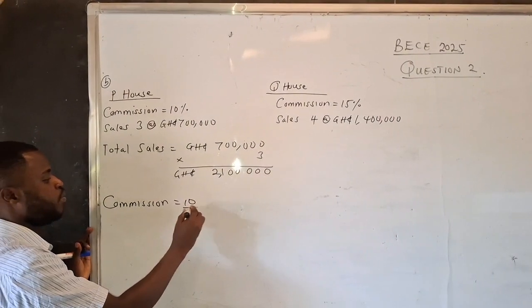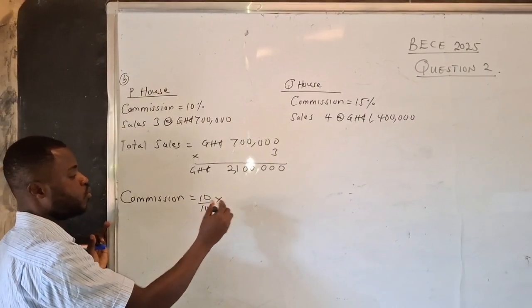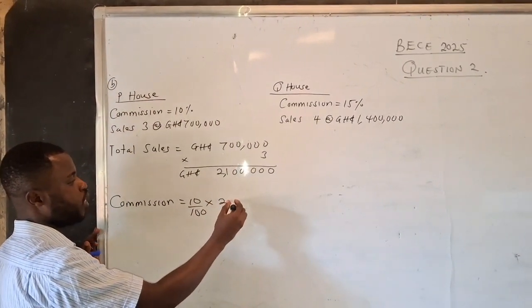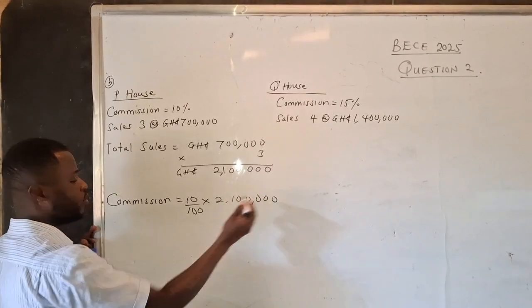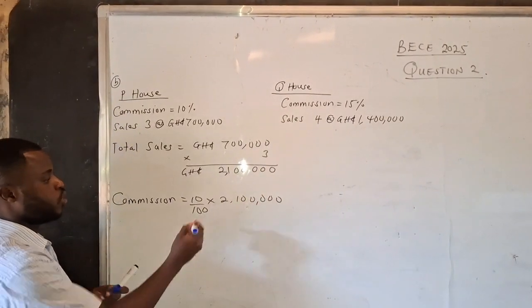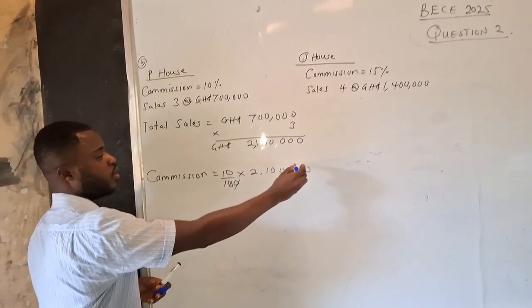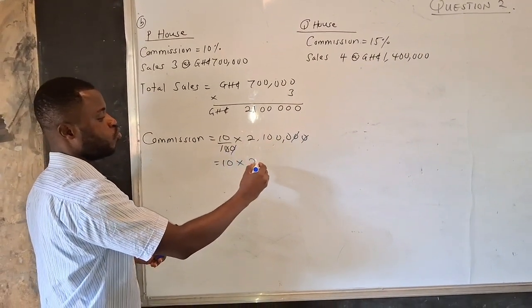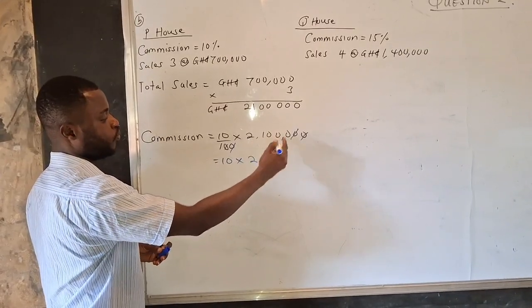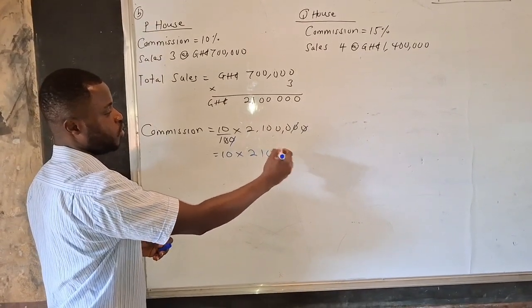The commission is 10%, which is 10 on 100, times 2,100,000. These 2 zeros can take out the 2 zeros here. Now we have 10 times 2, 1, 0, 0, 0.